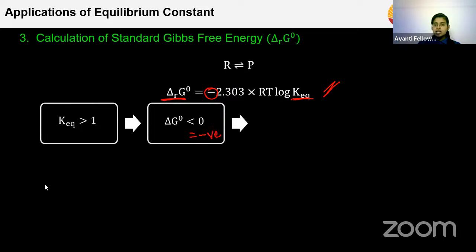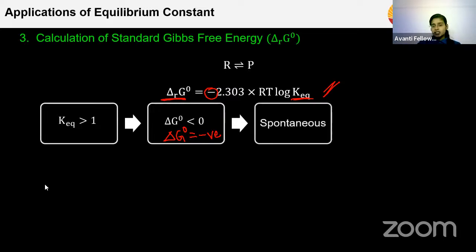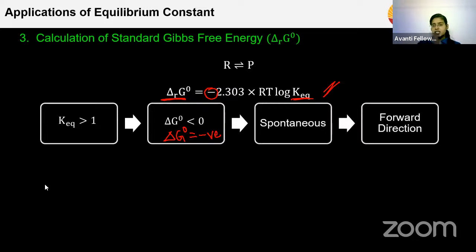Delta G naught is negative. I told you that all spontaneous processes have a negative delta G naught value. If delta G is negative, the process is spontaneous. In the last lesson itself, I taught you this. And we can say the reaction will proceed towards the forward direction.